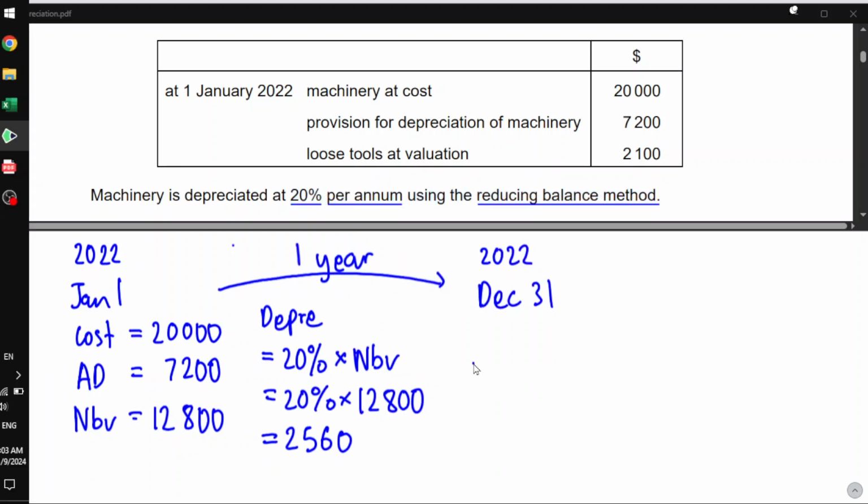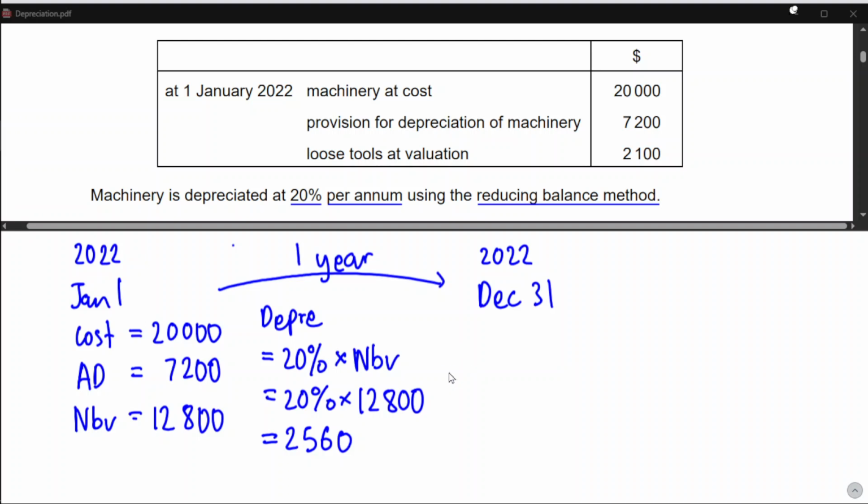So the cost is still the same one, the same price you buy. AD stand for accumulated depreciation. So add this 7,200 and 2,560.